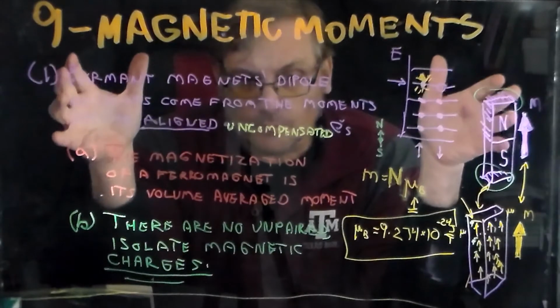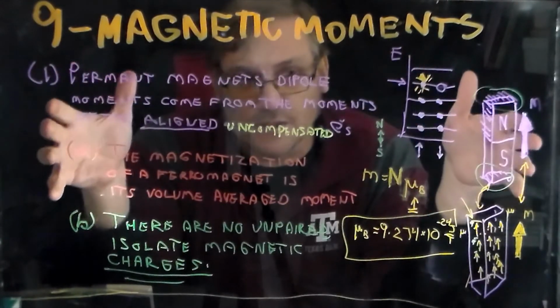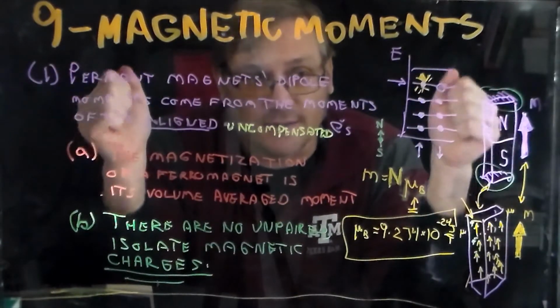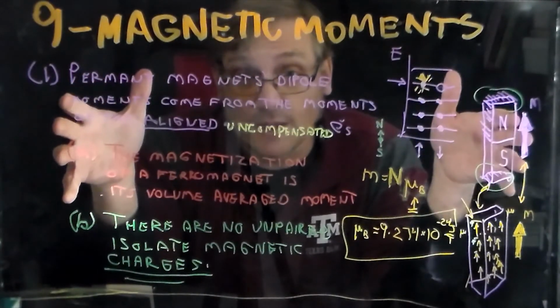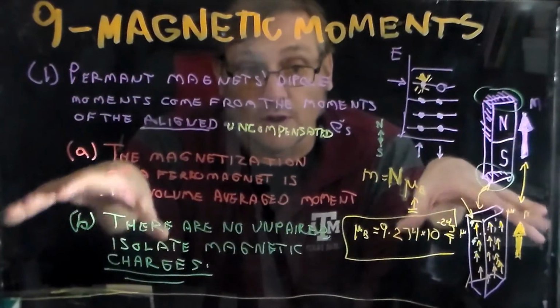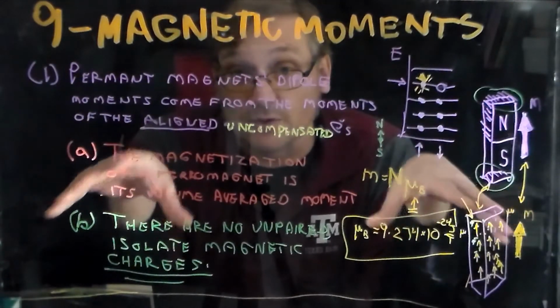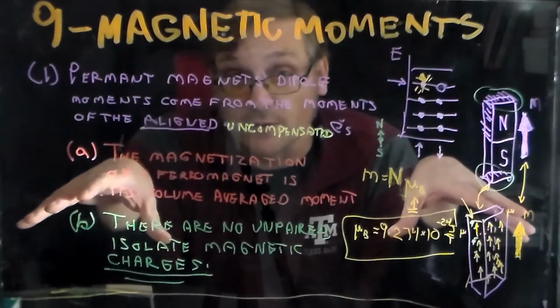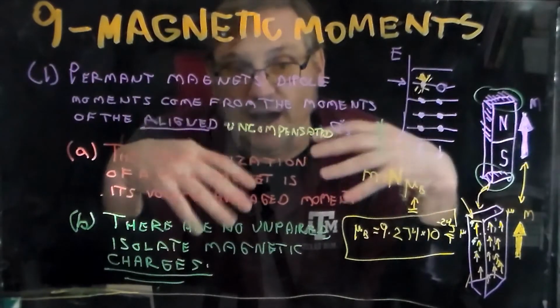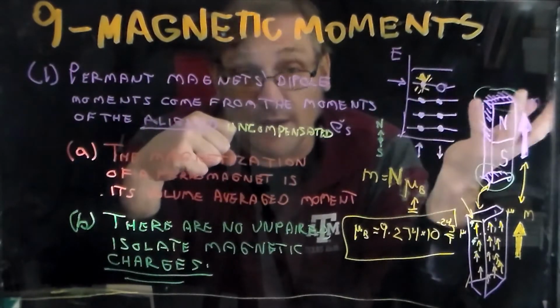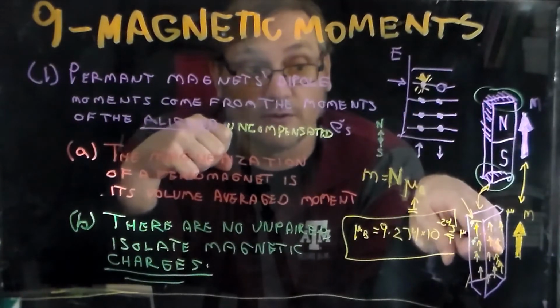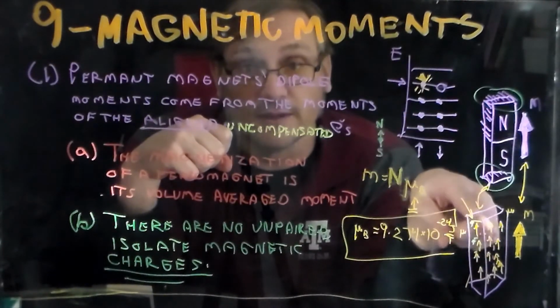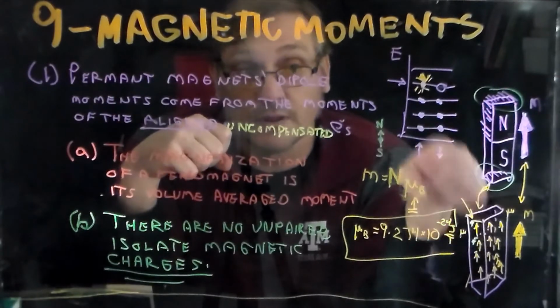So that is the stuff that's going on in your permanent magnet. This is why you have things that can stick to your refrigerator. Now, every other material also responds to a magnetic field, just like they respond to an electric field. And then you have different kinds of magnetism called paramagnetism, which is when you have uncompensated electrons that don't have this coupling that causes them to align.